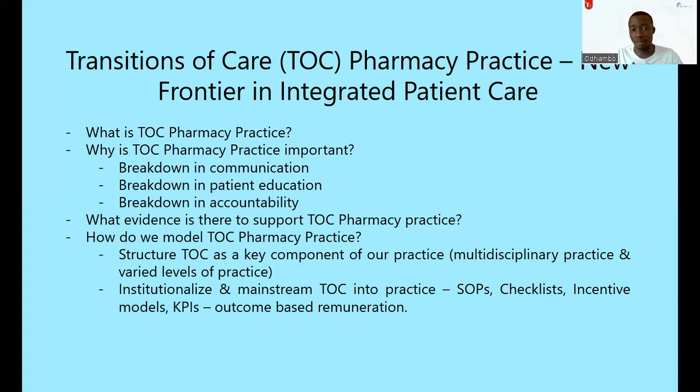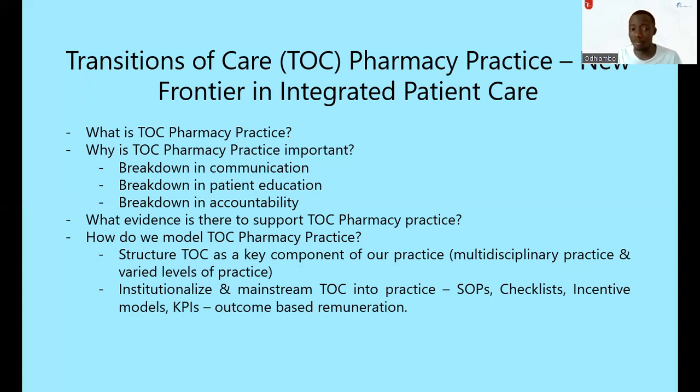In transition of care pharmacy practice, it is about you as a pharmacist being able to deliver pharmaceutical care services within that transition of care, either referring them from your pharmacy practice to a hospital setup inpatient, referring them to a laboratory for diagnostics and investigational services, or referring them from your inpatient hospital as a clinical pharmacist, where they're now moving to the community, to their home, to engage with the primary healthcare center, going to a pharmacy to buy their medications. So how do you make that experience meaningful and worthwhile and make it improve the quality of outcomes?